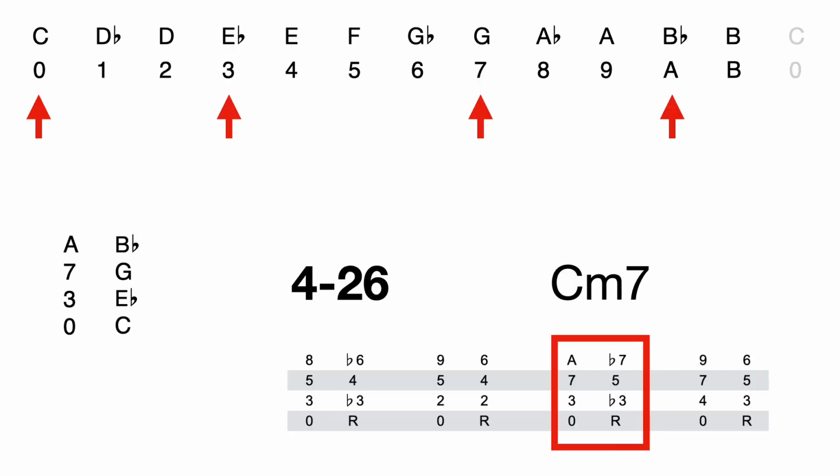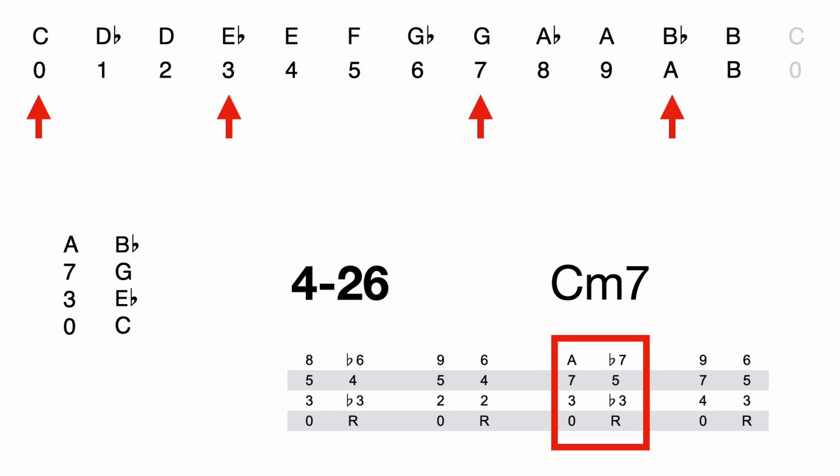So next we have this notion that you don't necessarily have the same root or a single root in any pitch class structure. So if we look at 4-26, that is the set 4-26, we see that one of these interval structures is a 0-3-7-A, or a root, minor third, perfect fifth, minor seventh, which is a minor seventh chord.